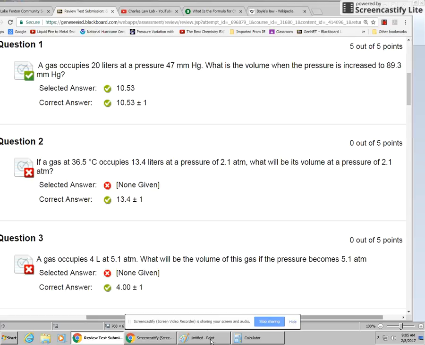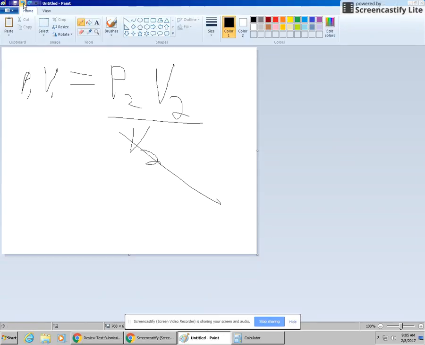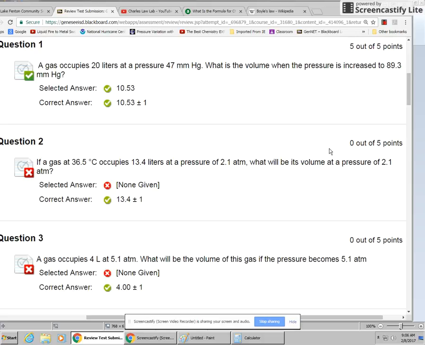Okay, so it's the same thing, and I messed that up because this is going to be pressure 2. And so you've still got second number times third number divided by fourth number. Because it's a multiplication, it really doesn't matter. The only thing that you have to recognize is that 36.5 degrees Celsius doesn't mean anything. So you've got second times third divided by fourth.